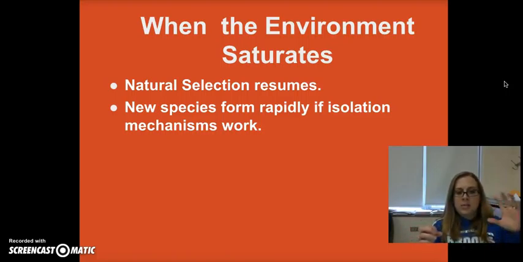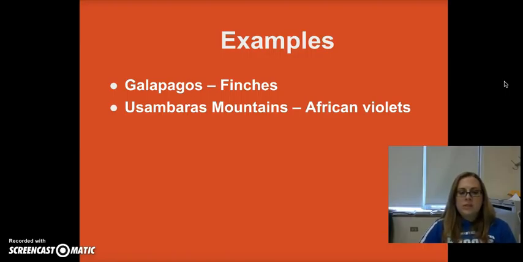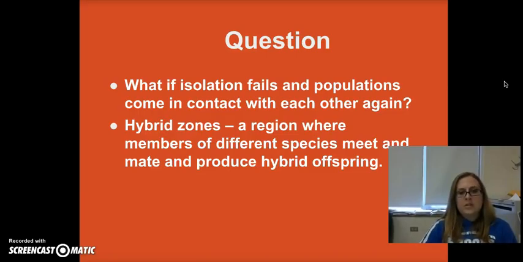And so maybe you've got individuals over here that compete really well and individuals over here that compete really well, and they are different enough from each other that after natural selection starts to select these two, they may not be able to mate anymore because of the prezygotic barriers that we talked about, or it could even be the postzygotic isolation barriers. Some examples were the finches in the Galapagos Islands, African violets.